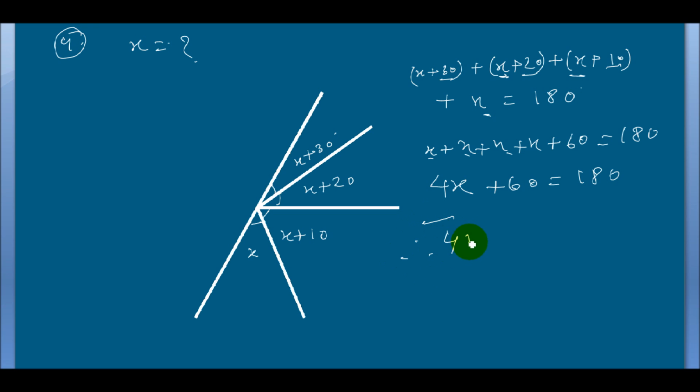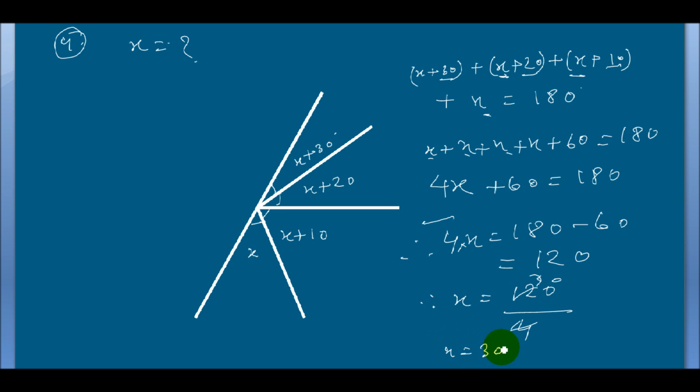Therefore 4x equals 180 minus 60, since 60 is transferred with a minus sign. That is equal to 120. Therefore x equals 120 divided by 4, since 4 is multiplied and when we transfer it to the right side it will divide. 4 threes are 12. That means x equals 30 degrees.